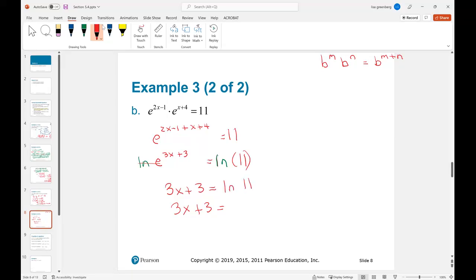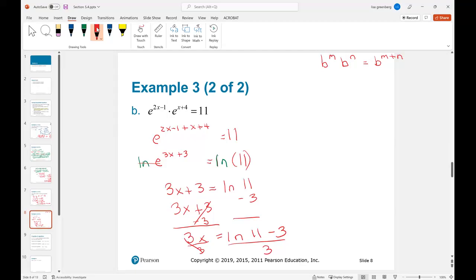Now we're going to subtract 3 from both sides. And we get 3x is equal to the natural log of 11 minus 3. Divide both sides by 3.